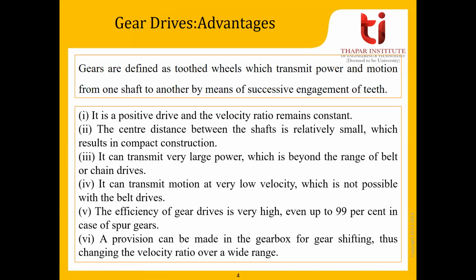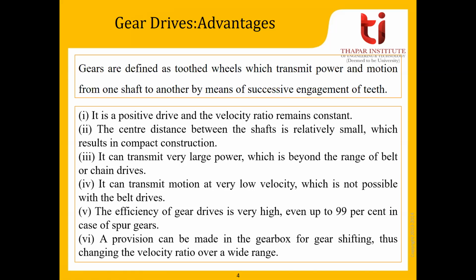Second, it may be used to transmit large power, and it can be used for small center distances of shafts. It has high efficiency, reliable service, and compact layout because it can be used for small center distance between two shafts.